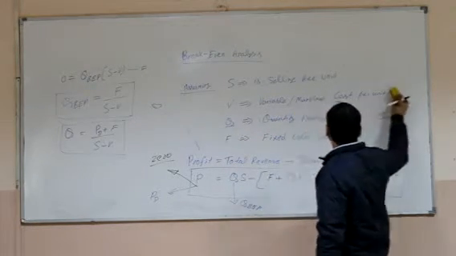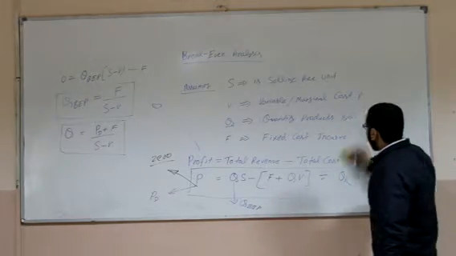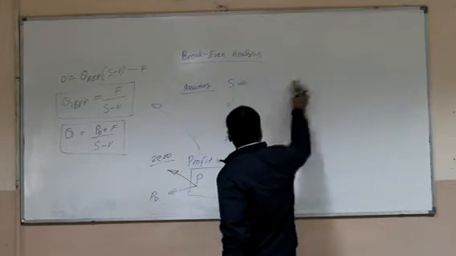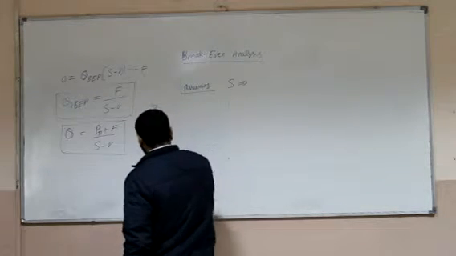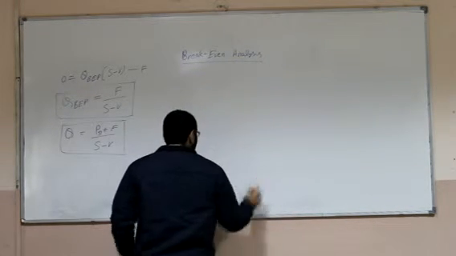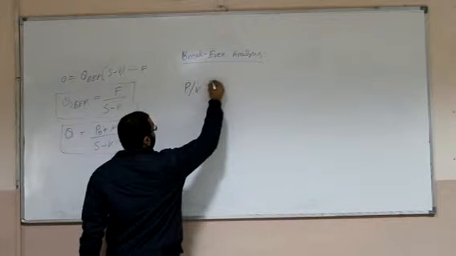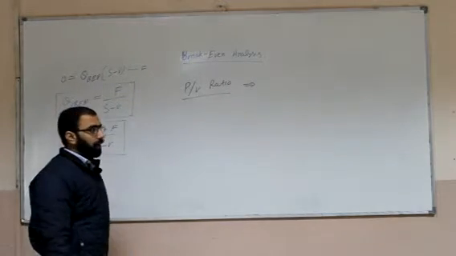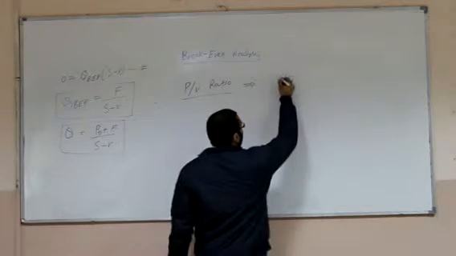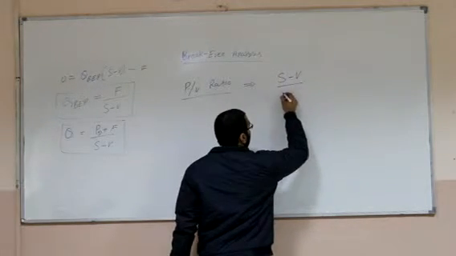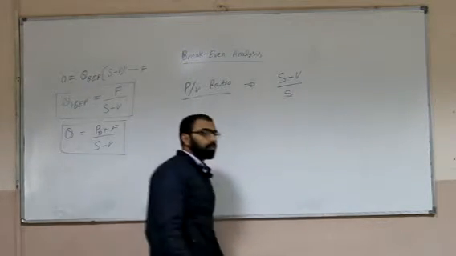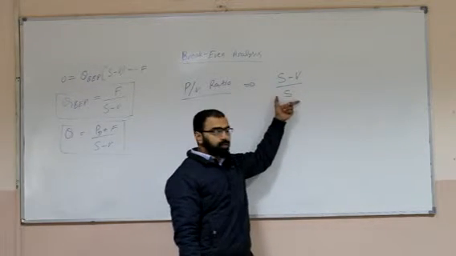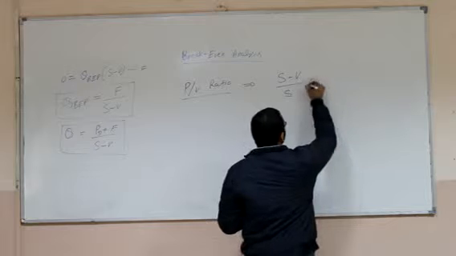Next, what is profit volume ratio? Profit volume ratio, which is denoted by P by V, is given by S minus V divided by S, that is, the difference of selling price and variable cost divided by S, multiplied by 100.